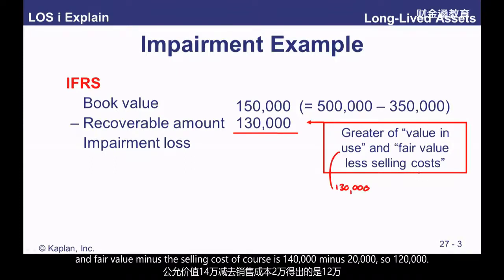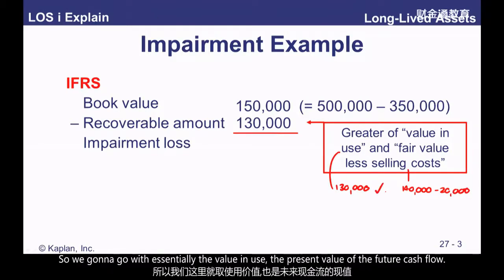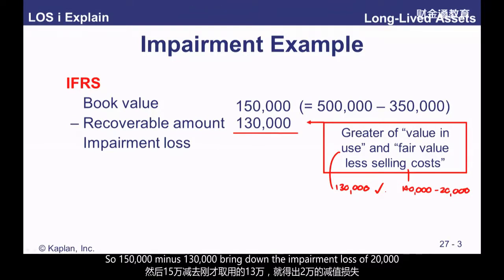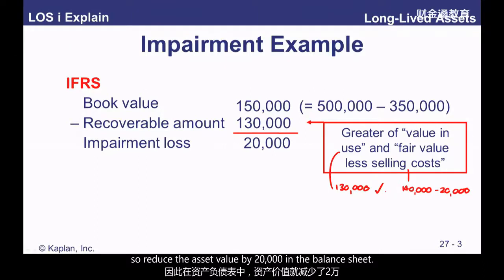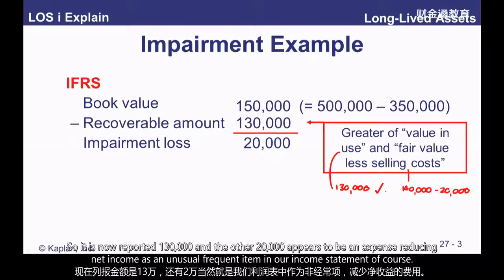So we're going to go with essentially the value in use, the present value of the future cash flows. So 150 minus 130 brings us down to an impairment loss of 20. So we're going to reduce the asset's value by 20,000 in the balance sheet. So it's now reported at 130,000, and that 20,000 appears as an expense, reducing net income as an unusual or infrequent item in our income statement, of course.